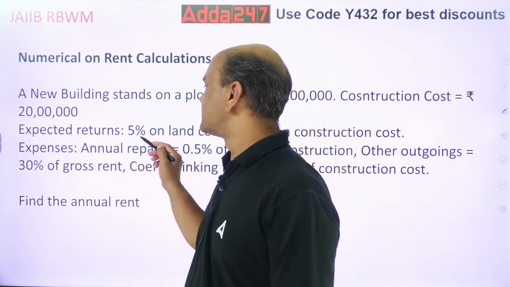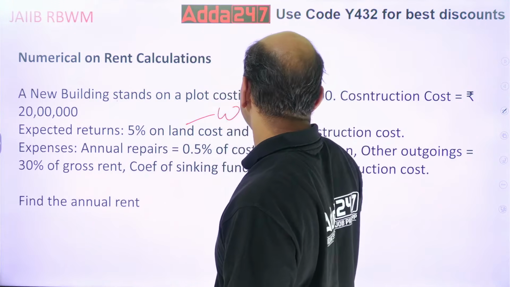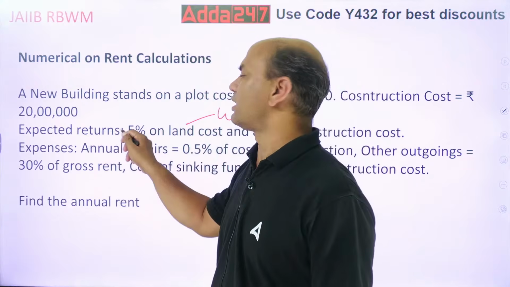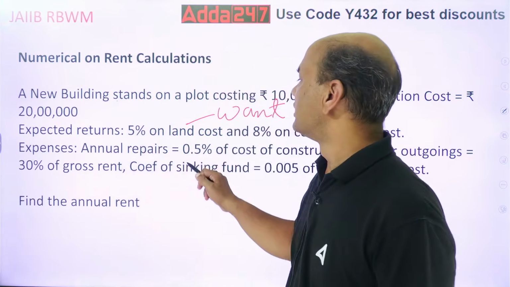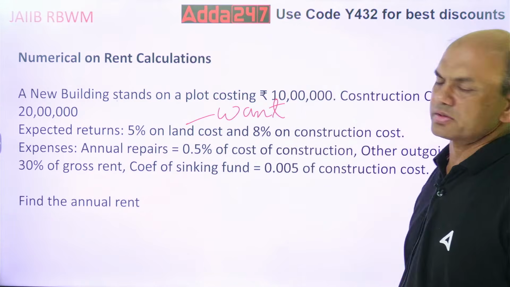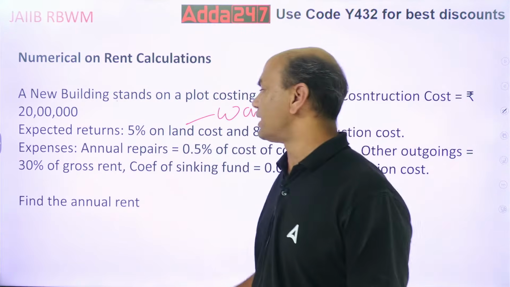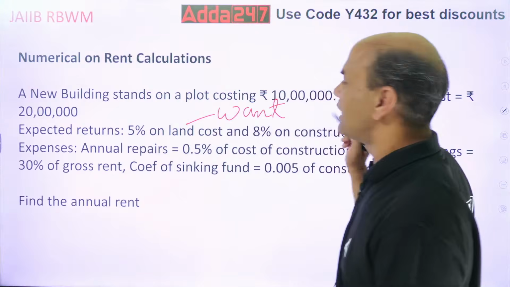This is what you want: expected returns, 5% on land cost, 8% on construction cost. And what am I getting? I am getting the rent.